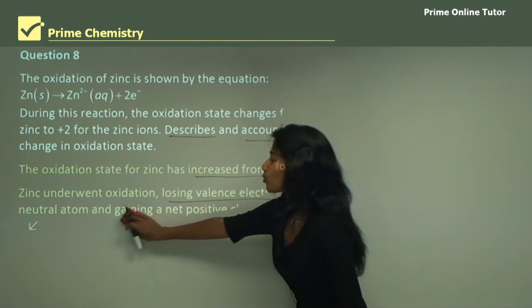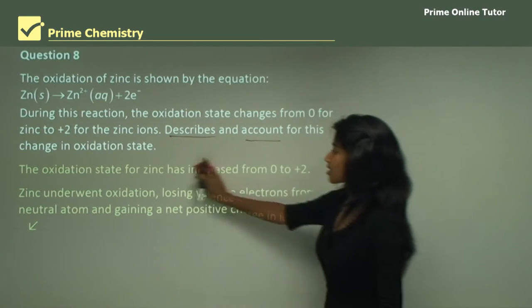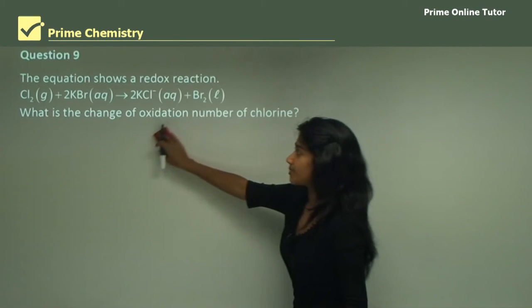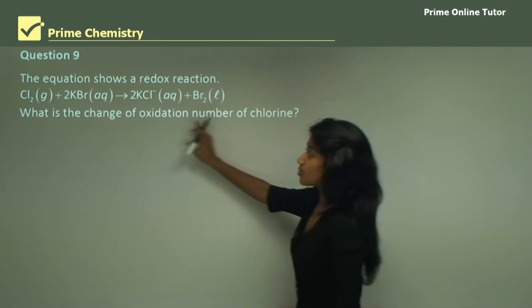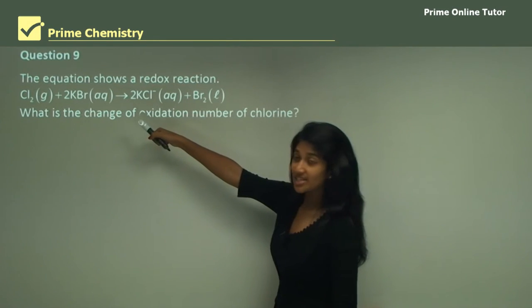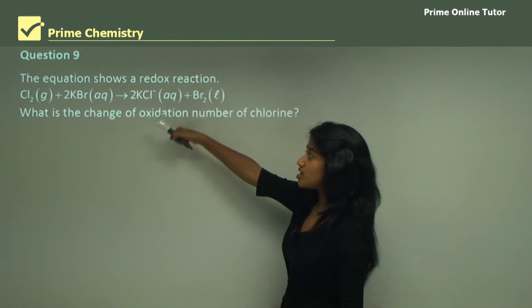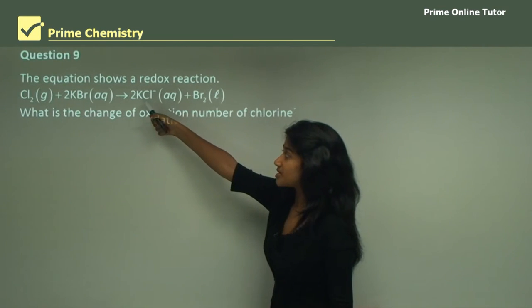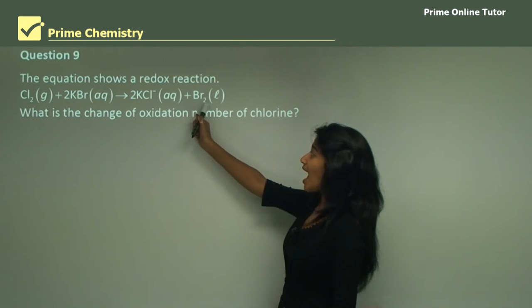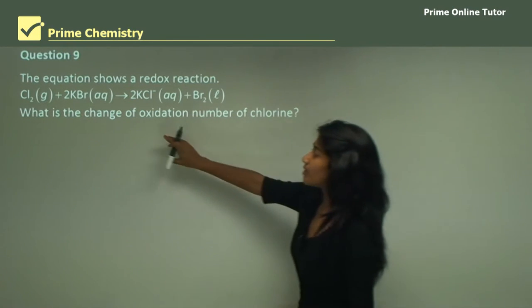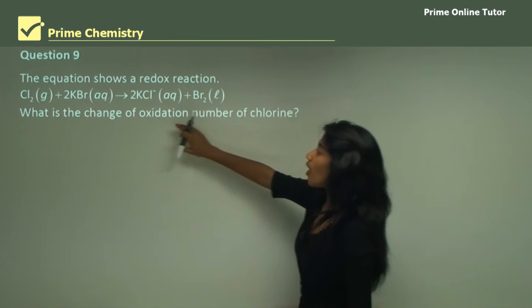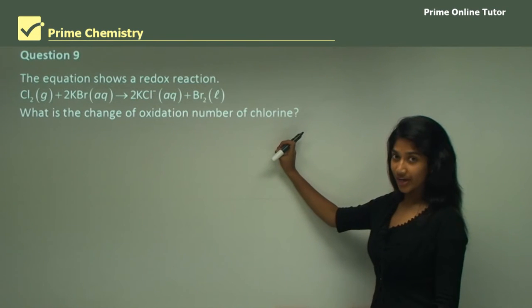Now let's move to question 9. Question 9 is asking, the equation shows a redox reaction. We have chlorine reacting with potassium bromide to form potassium chloride and bromine, the liquid. What is the change of oxidation number of chlorine?